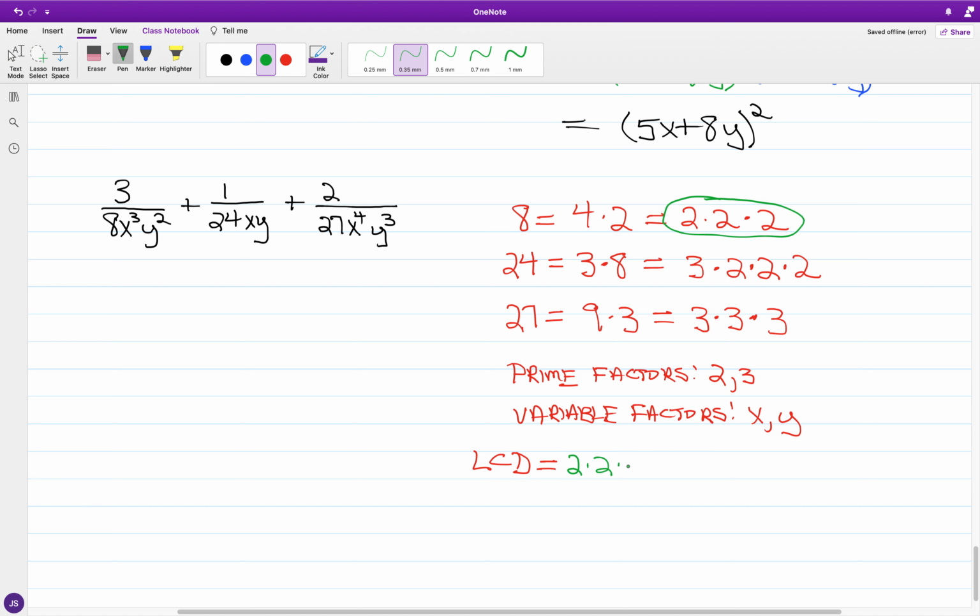In other words, from either 8 or 24, 2 appears 3 times. As for 3, it does not factor from 8, it factors 1 time from 24, and it factors 3 times from 27.